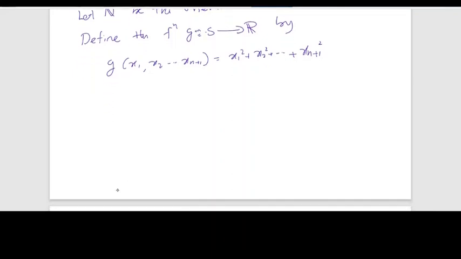Okay, therefore g is a smooth function on a compact surface.